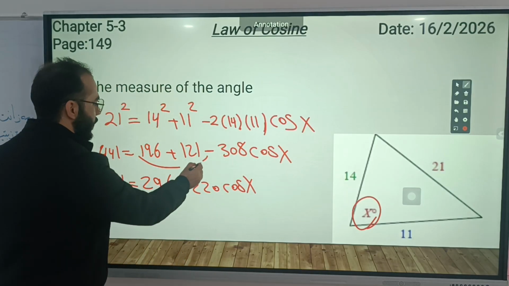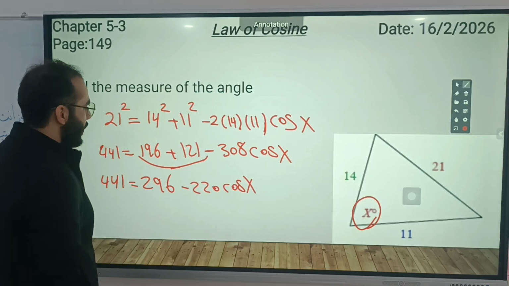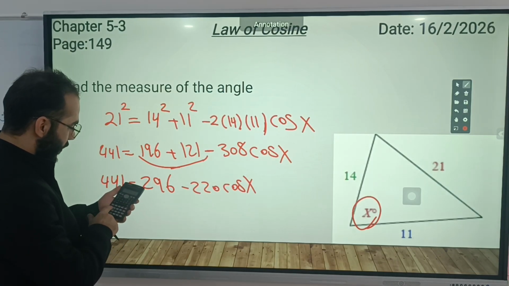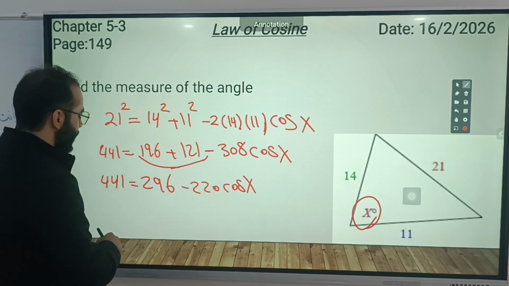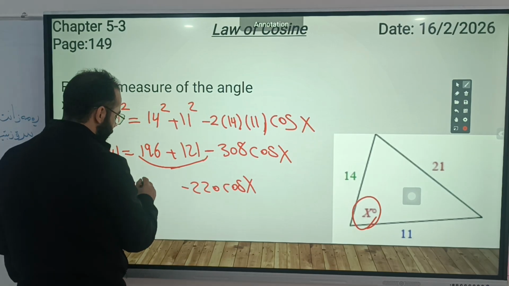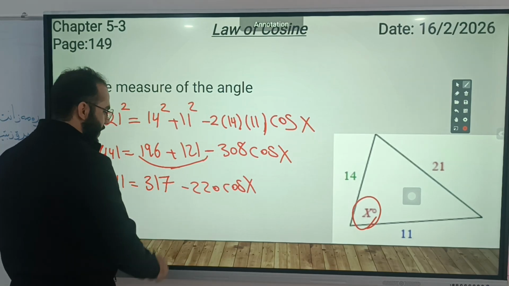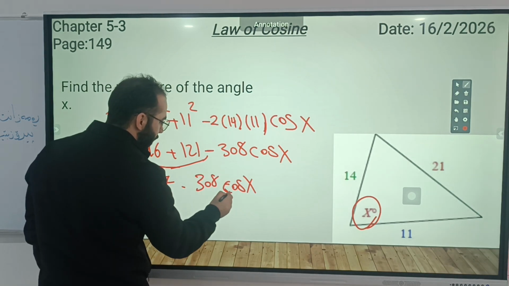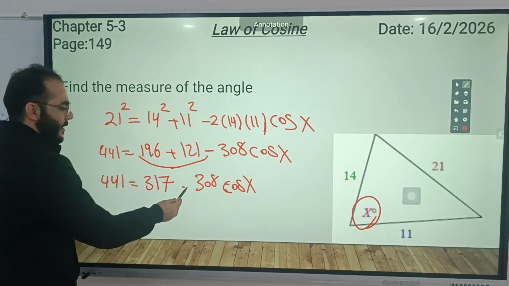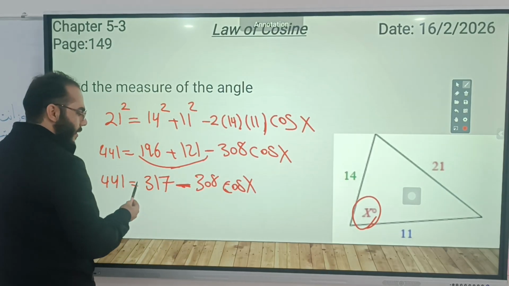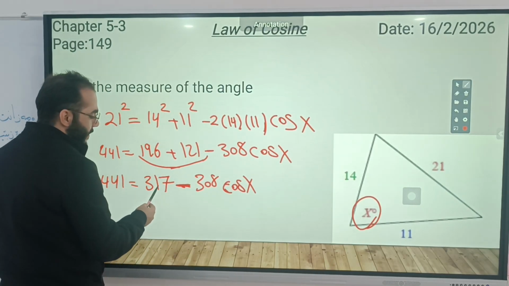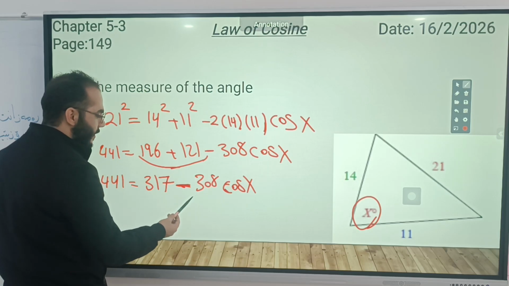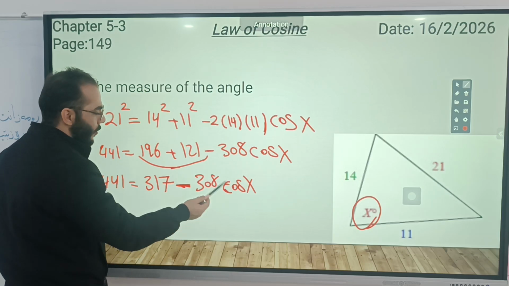Perfect. So right now, the result of these two, 196 plus 121, equals 317. 317 minus 308 cosine x. Now be careful, because most of the students sometimes, I actually saw it, subtract 317 minus 308, then they say, okay, it equals 9 cosine x.